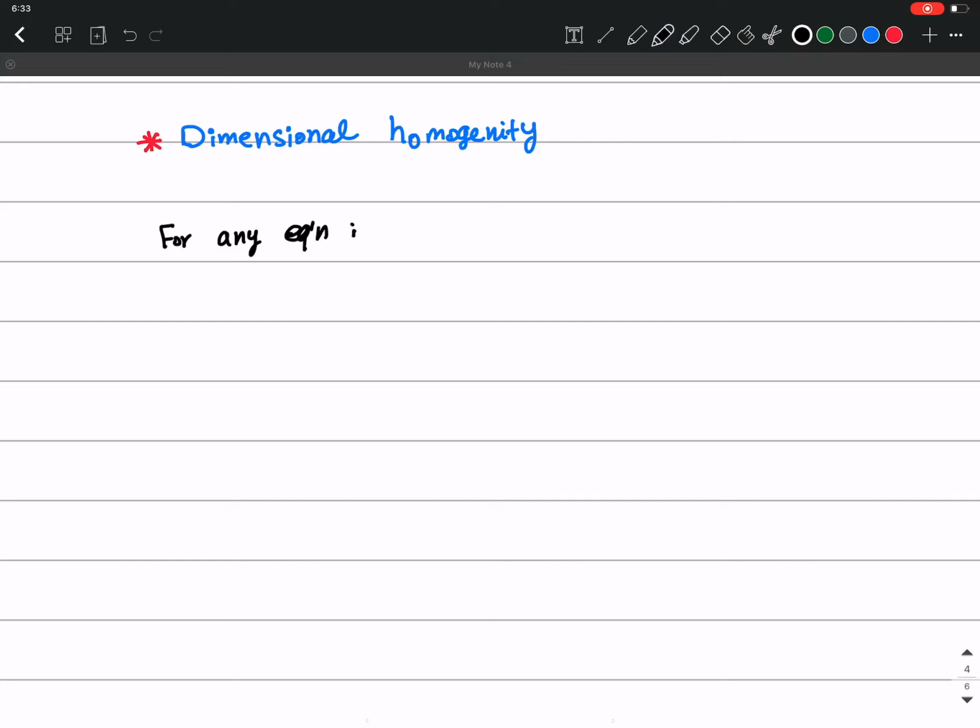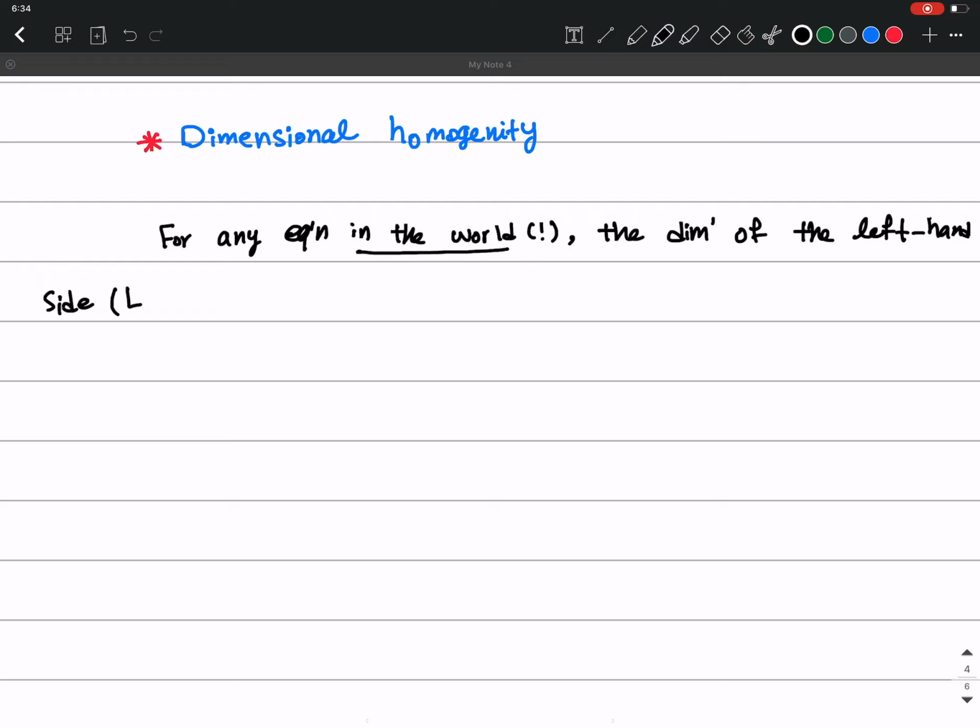equation in the world, the dimension of the left hand side of the equation, and here I want to introduce a kind of abbreviation for left hand side.